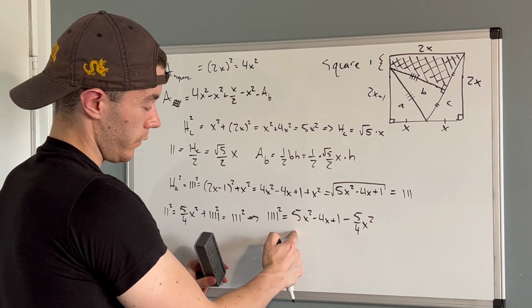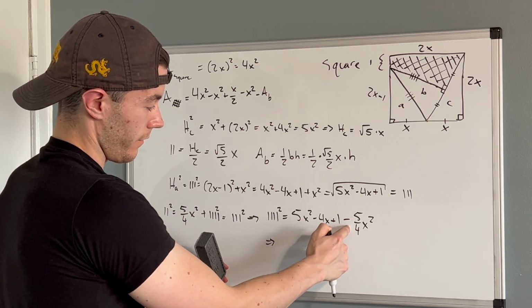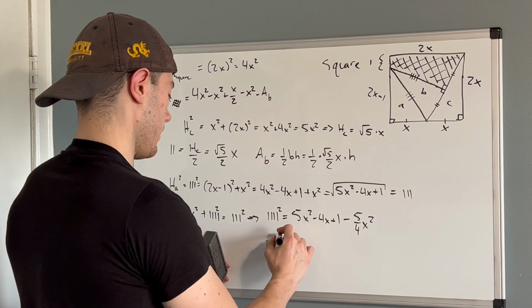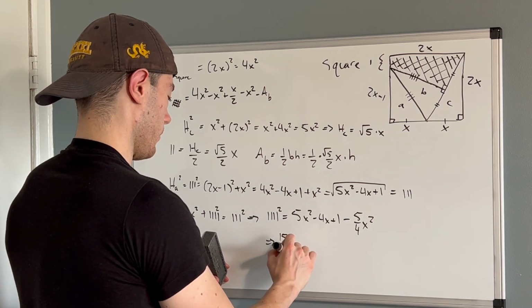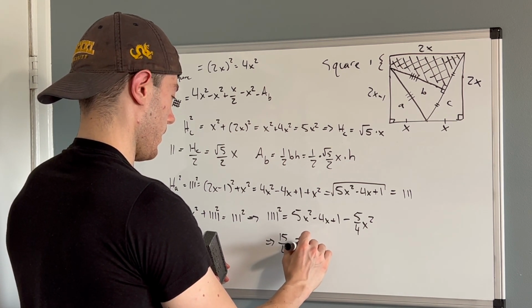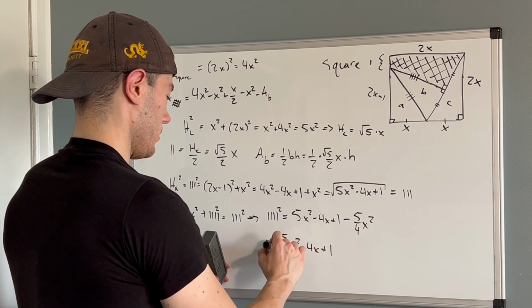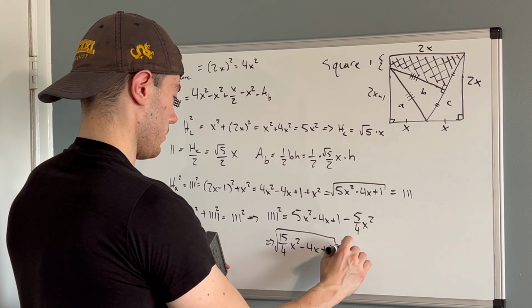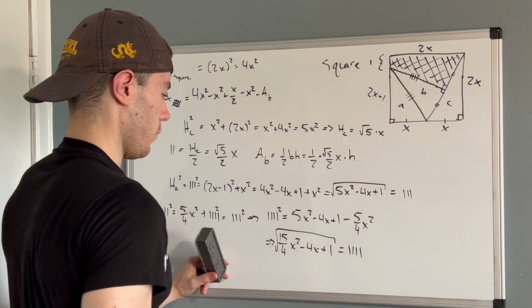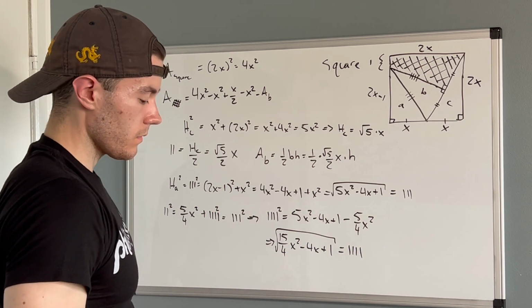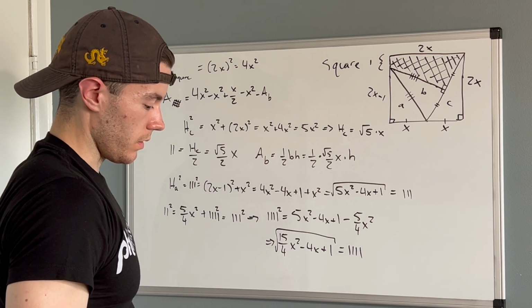So this is 4 over 4, that's 20 over 4, minus 5 over 4 is 15 over 4. 15 over 4 x squared minus 4x plus 1, square root, is equal to 4.